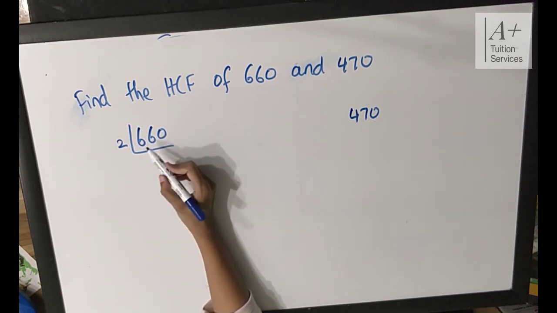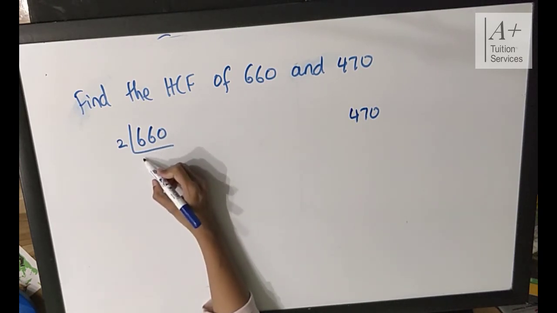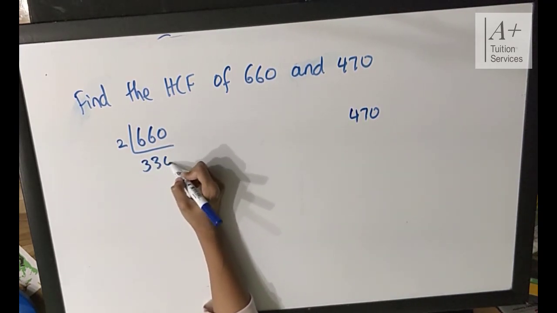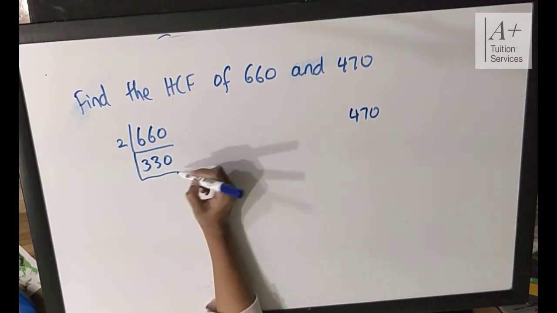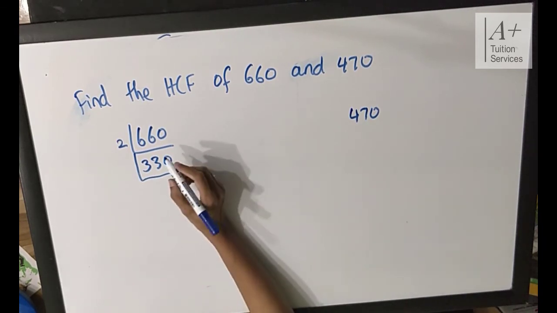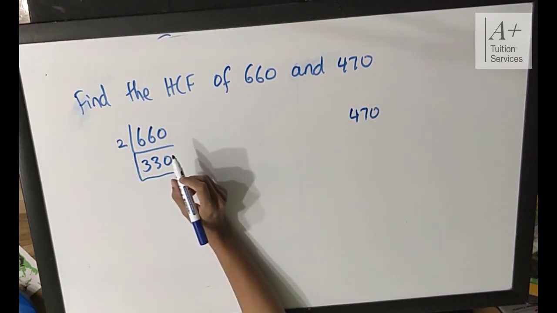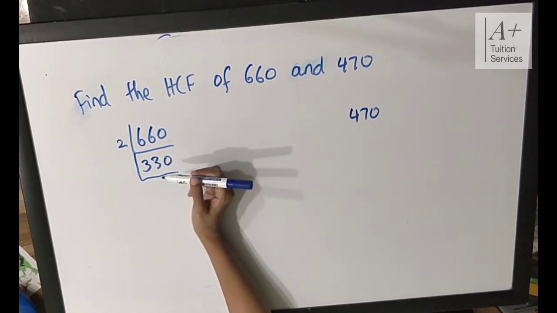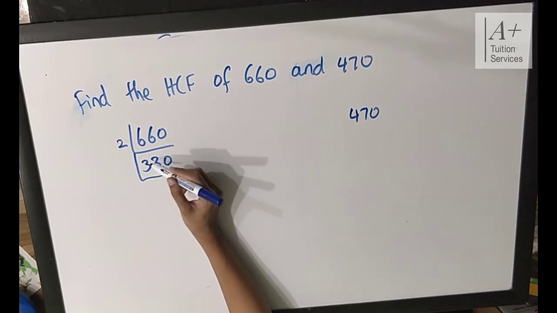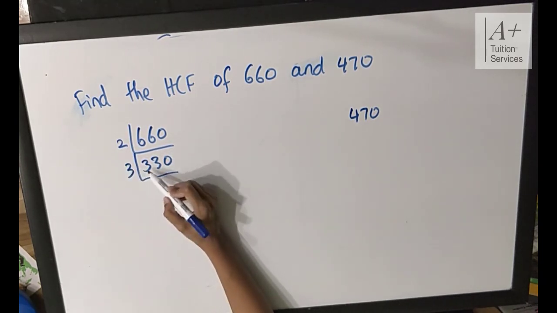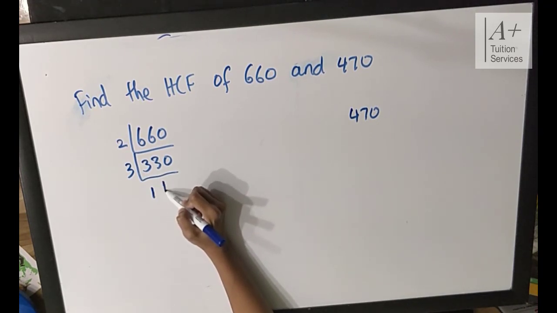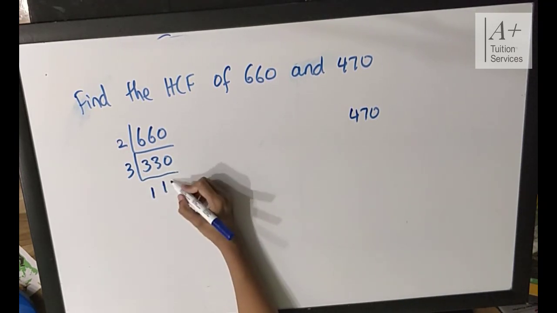2 into 660 is 330: 2 into 6 is 3, and 2 into 6 is 3, then 0. Now we can divide this again, and we could use 2, actually I'll use 3. 3 into 3 is 1, 3 into 3 is 1, and 3 into this cannot.